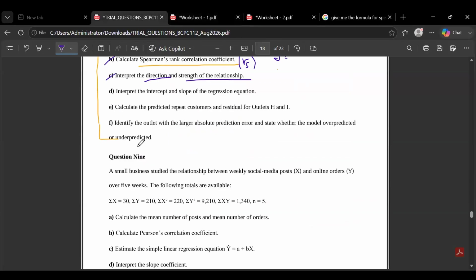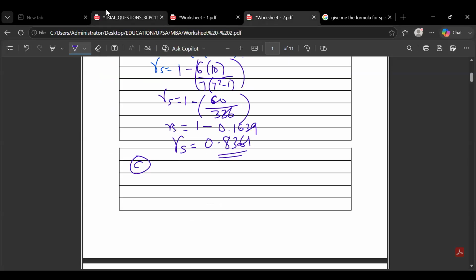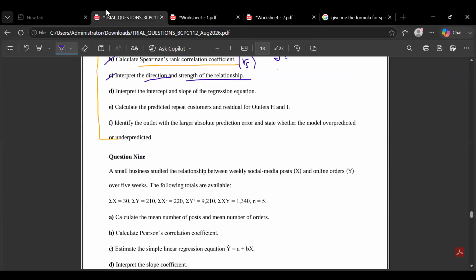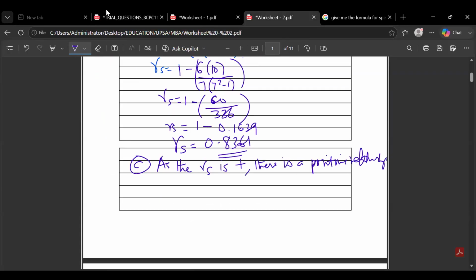It says interpret the direction and strength of the relationship. So first, as the RS is positive, we will say there is a positive relationship. That's the direction. It says direction, and then strength.